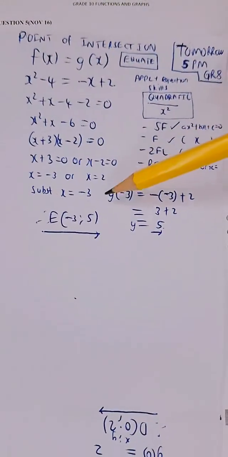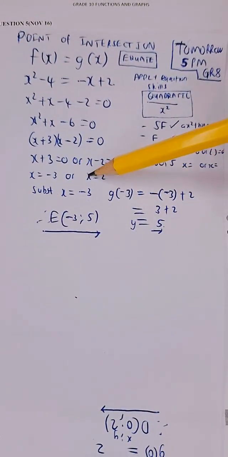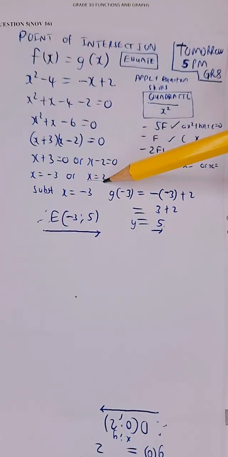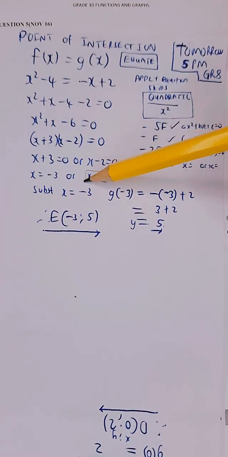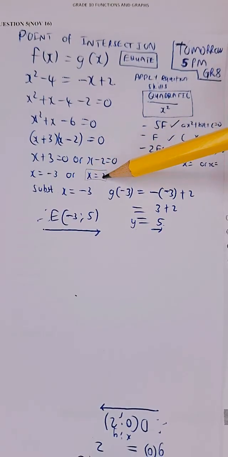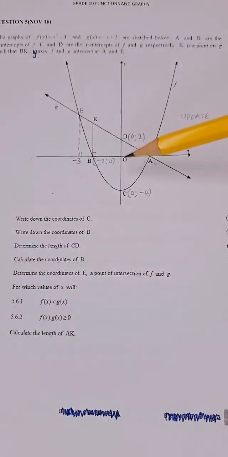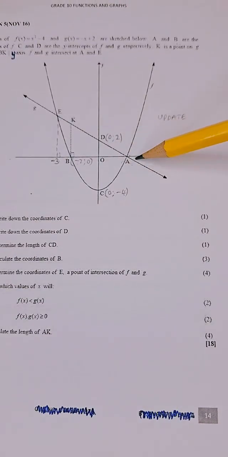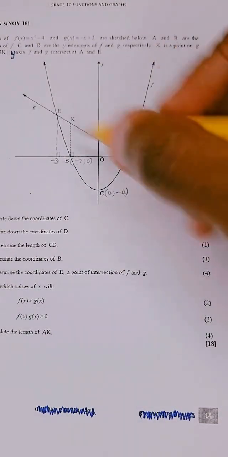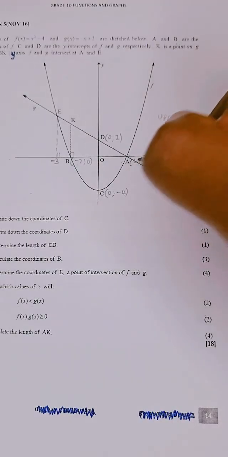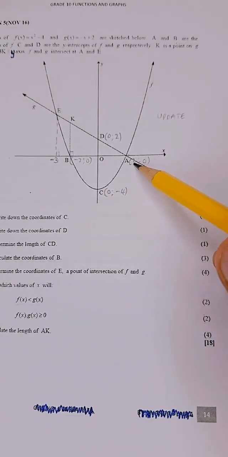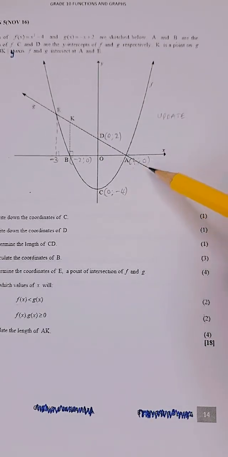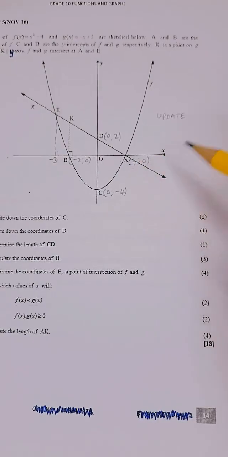When we were finding the point of intersection, we got the second x value, and that second x value is a representation of the x value of the other point of intersection, whose x value here should definitely be 2. A is 2, the x value is 2. Obviously, the y coordinate is 0, but we are interested in just the x value.